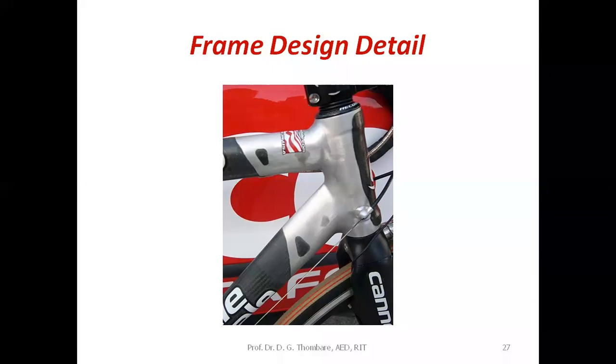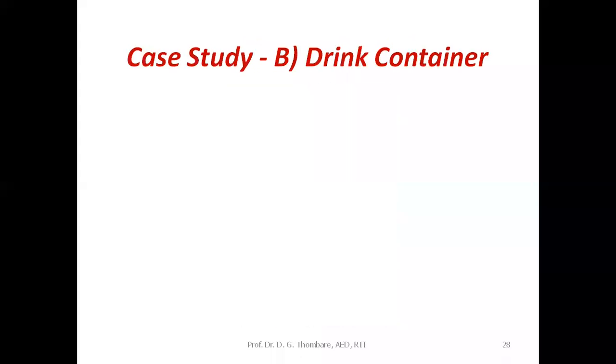Now, these parts are very intricate, complicated, and you should be able to make it. So, while selecting material, you must think whether you can make such complex areas of frame where this can be used.